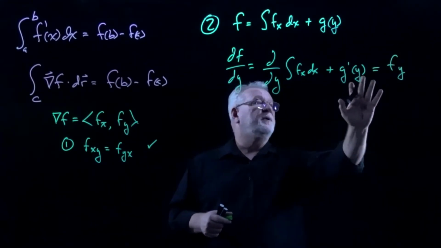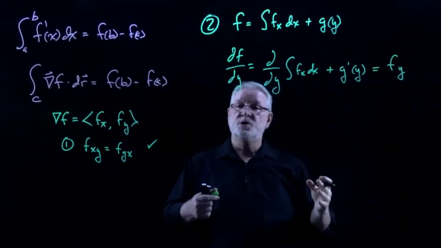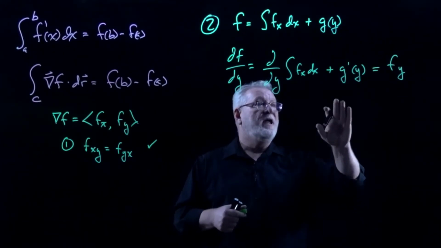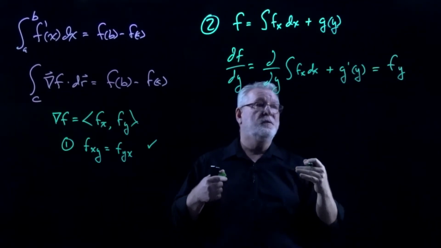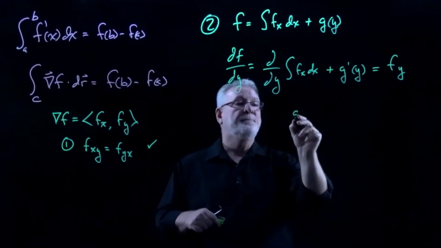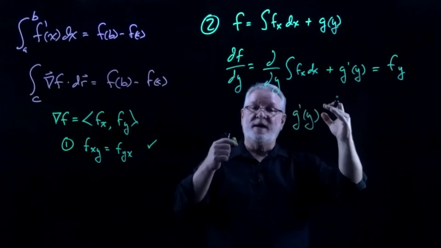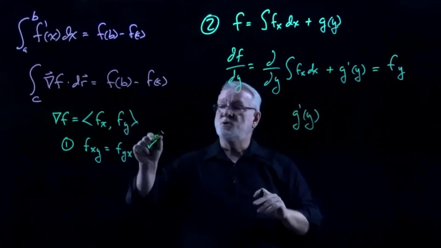Well, now what I'm going to be able to do is function match. Much of this will look exactly like portions of this partial, but there'll be some things left over. And the leftovers are going to solve for me the problem of what is g prime of y. g prime of y will then be known. I'll be able to identify exactly what that is by comparing it to the partial with respect to y.